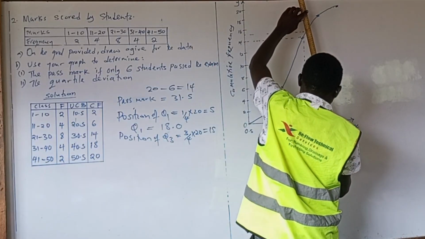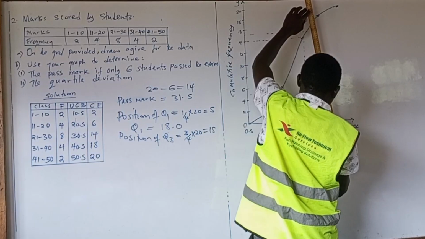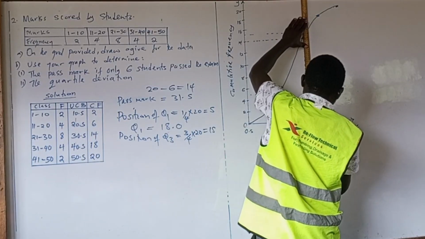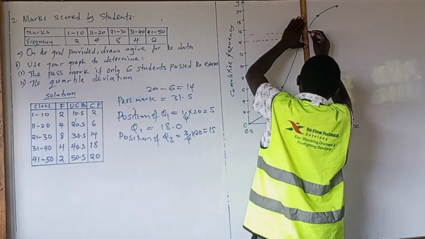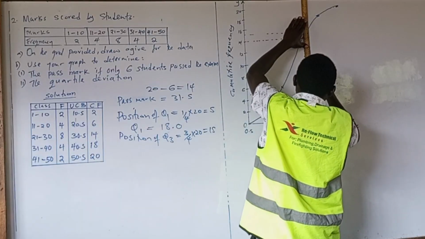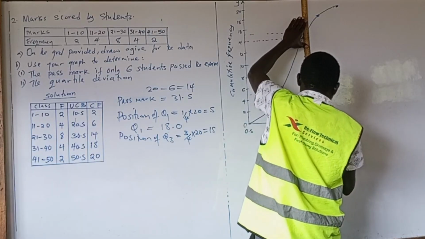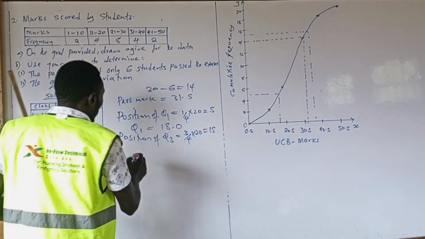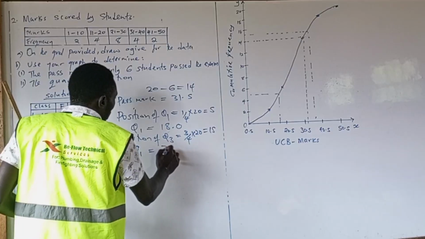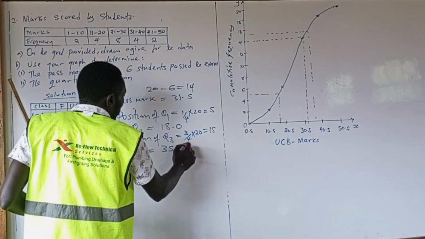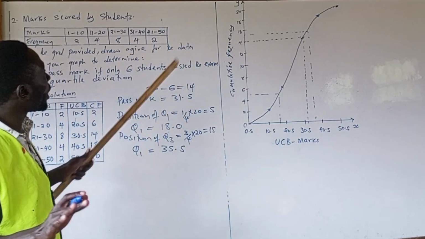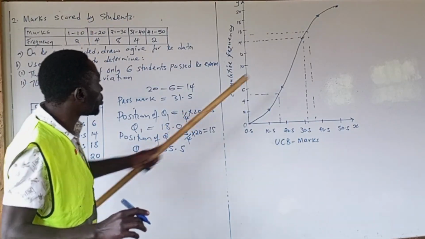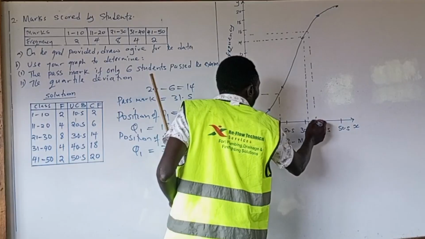You will get, using your graph, 35.5. So Q3 is equal to 35.5. You use your graph. Even if your graph is poorly drawn, use your graph. The examiner wants to see you using your graph. So you come and read there.